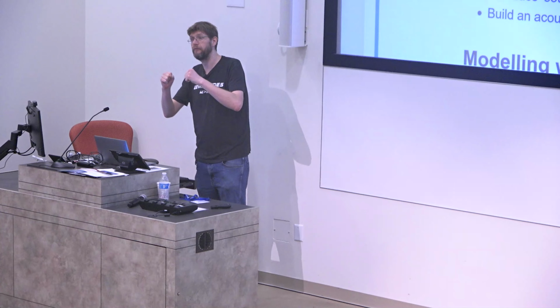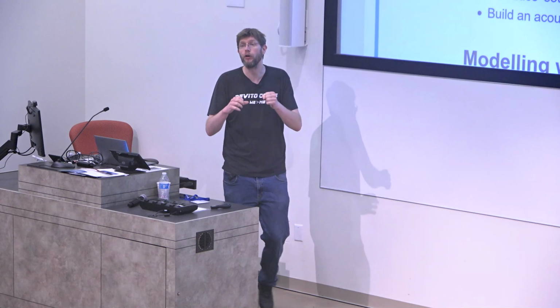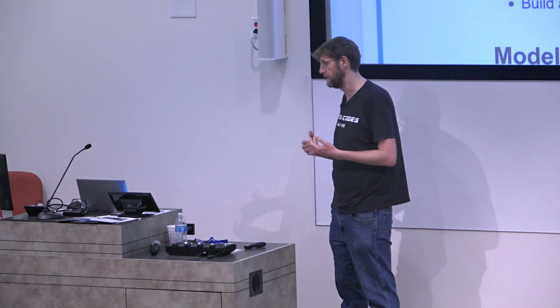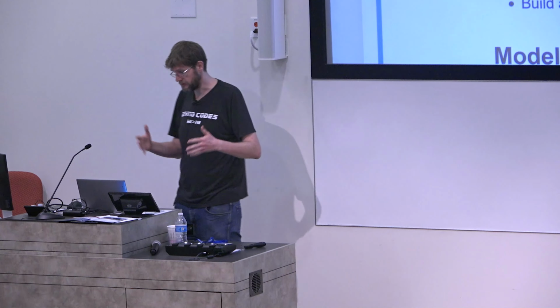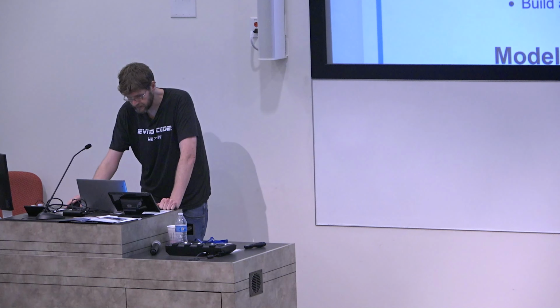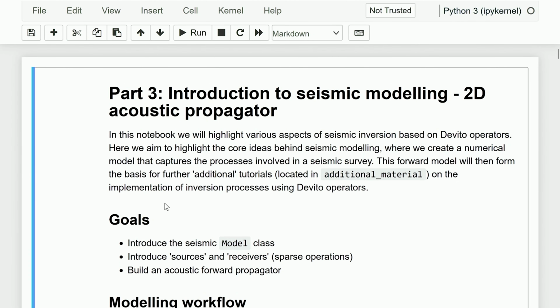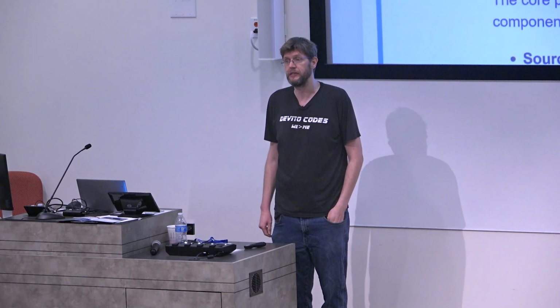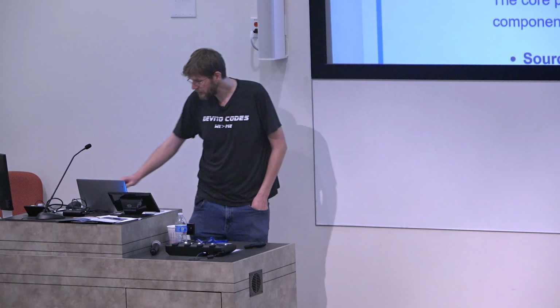And then we need to be recording this data at certain points within our grid. This is akin to our hydrophones or whatever we've got set up in a field experiment. And for this, we're going to be creating these receiver objects. In order to not spend our time specifying various things by hand, we're going to introduce the model class.